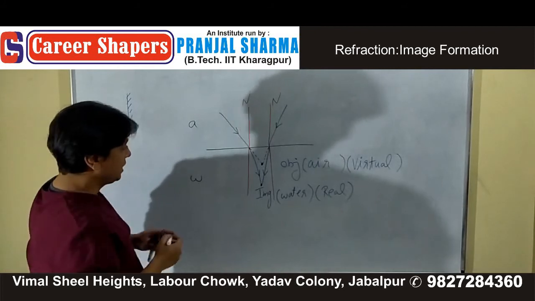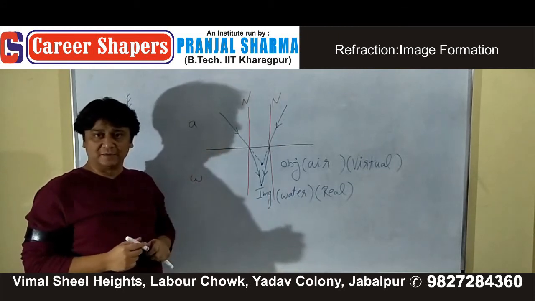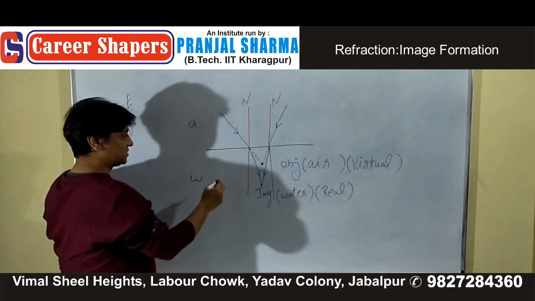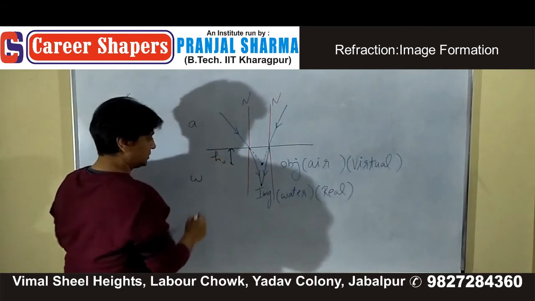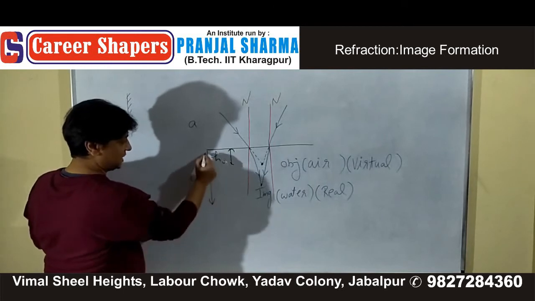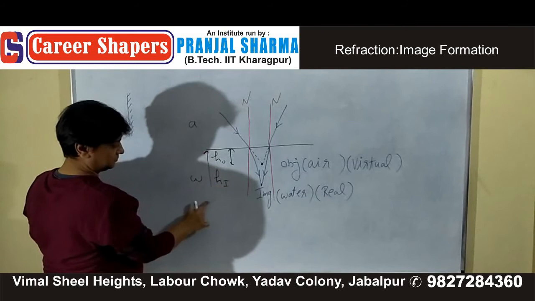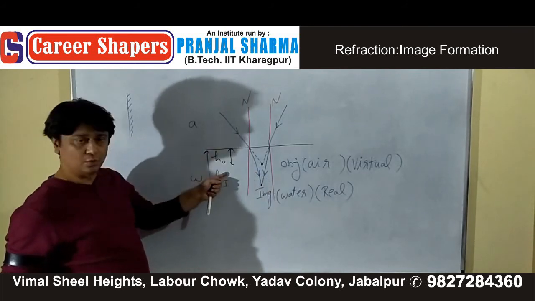Now, let's find out if the formula which we developed, hi upon ho equals mu I upon mu o, is still valid or not. Let's see. This is ho, this is hi.